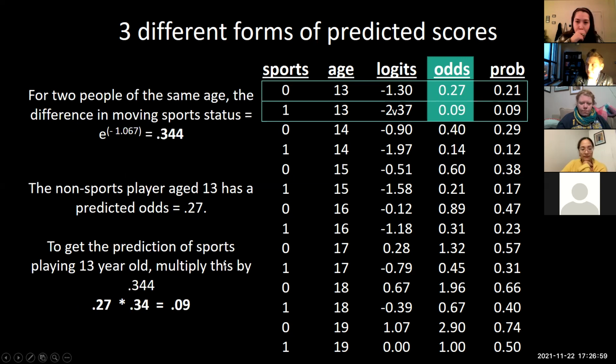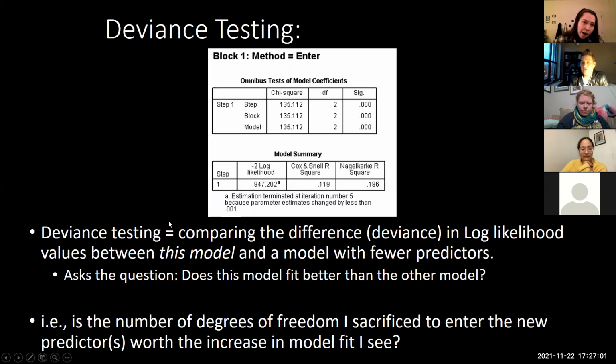That's pretty cool. Okay, now, the last thing I want to talk about is deviance testing, which is the whole idea of determining whether your model fits better now than it did before. And what we're going to use for that is this -2 log likelihood. So we're going to compare the difference in log likelihood values between our empty model and our full model.